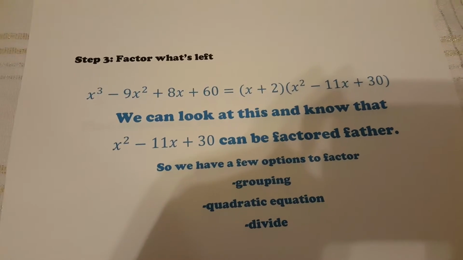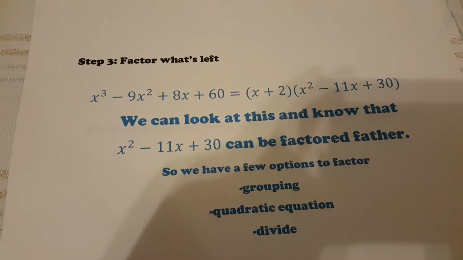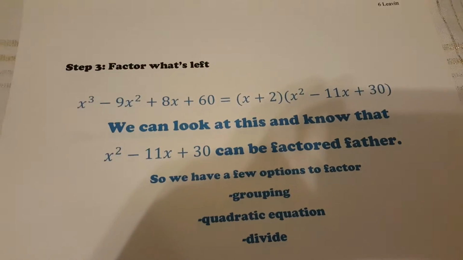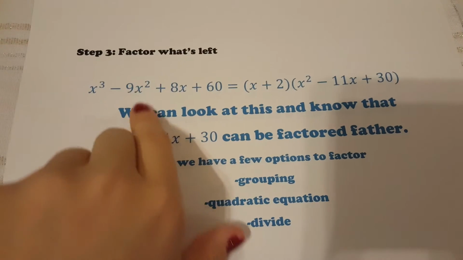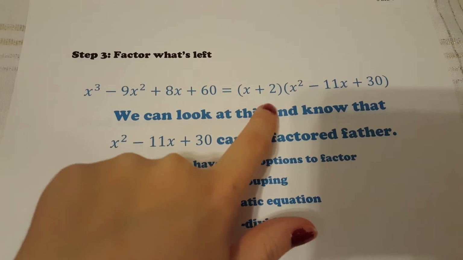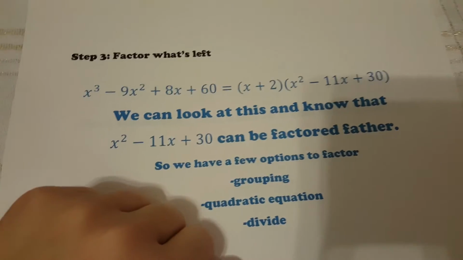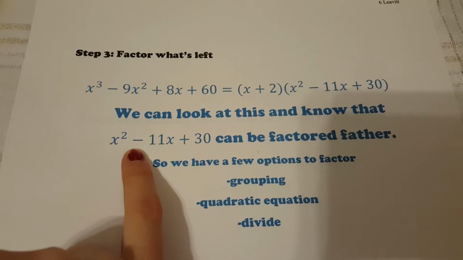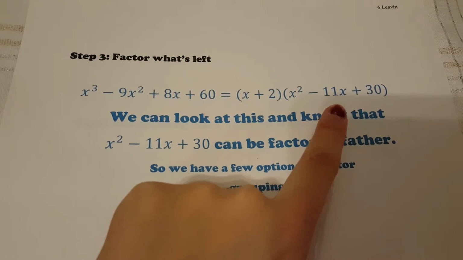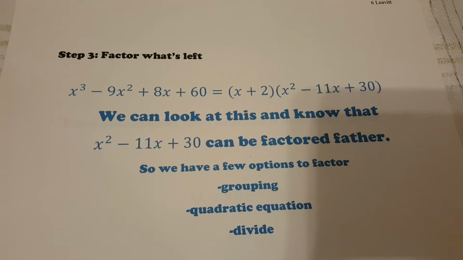All right, so by now we have the step 3 that we're on. Factor what's left. So in our last step, we found out that our original equation factors to x plus 2 and x squared subtract 11x plus 30. Now, we know that x squared subtract 11x plus 30 can be factored further down.